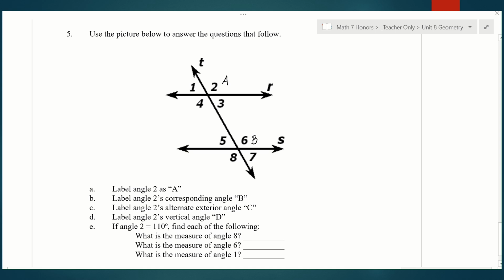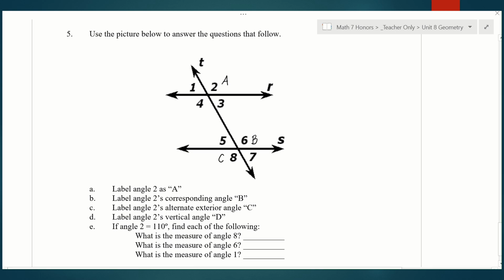Label angle 2's alternate exterior angle, angle C. Alternate exterior means it's on the opposite side of the transversal and it's outside the parallel lines.